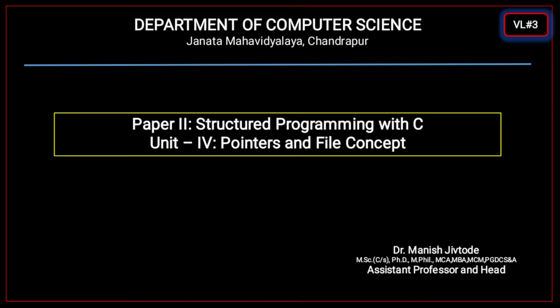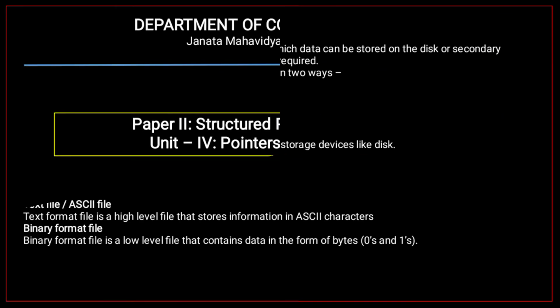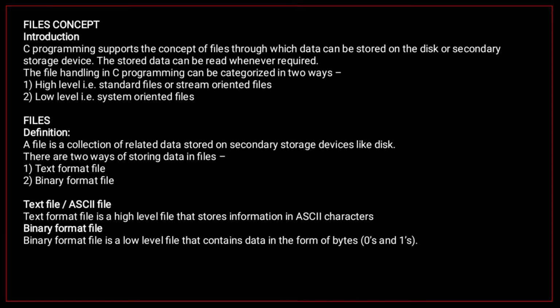Topic is file concept. Now, first, an introduction to the file concept. C programming supports the concept of files through which data can be stored on the disk or secondary storage device. The stored data can be read whenever required. The file handling in C programming can be categorized in two ways.